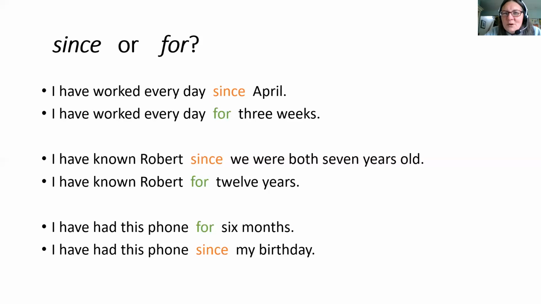For my birthday is a very specific point in time, right? My birthday would be since. So you can see here that we can even talk about points in time that aren't necessarily the specific year or the specific time or the specific day. We could talk about in general, my birthday is a specific day, right? That's still being very specific. So since it is specific, we would use since.